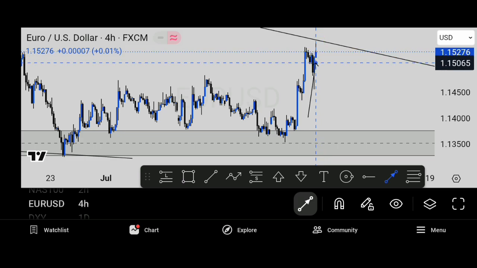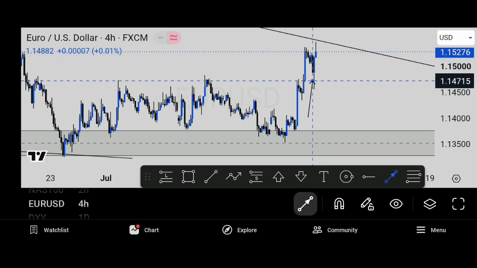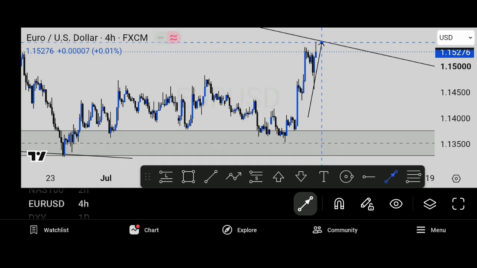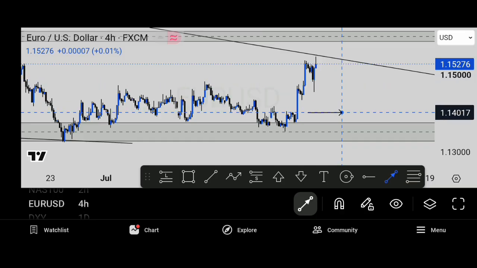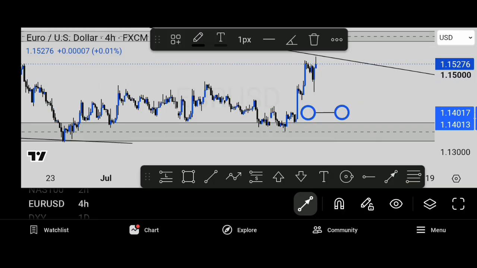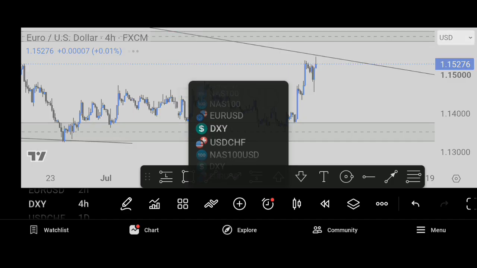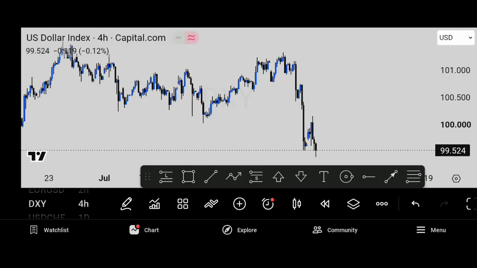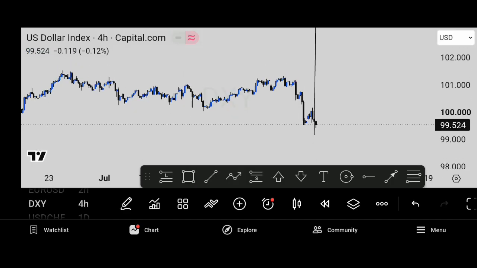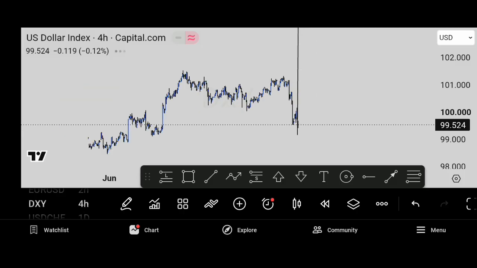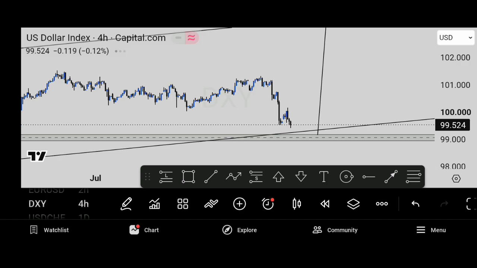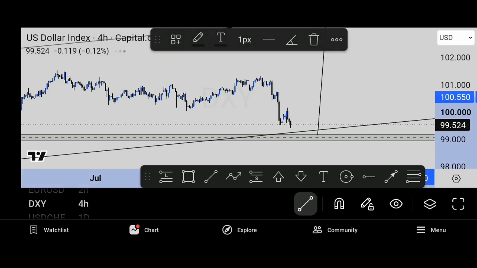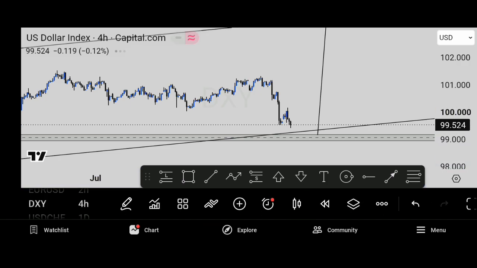So like I said, we are not sure if price will just reject from this point or might continue all the way to this zone and start selling, right? Because looking at the DXY on the H4 time frame, we're also expecting it to continue selling all the way to this zone and also this trend line, right?